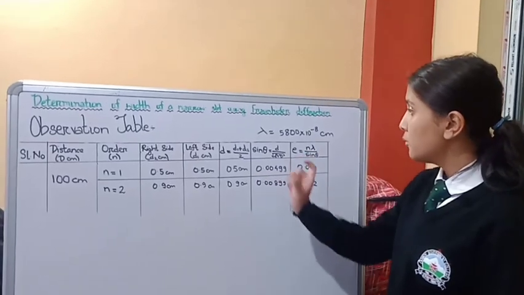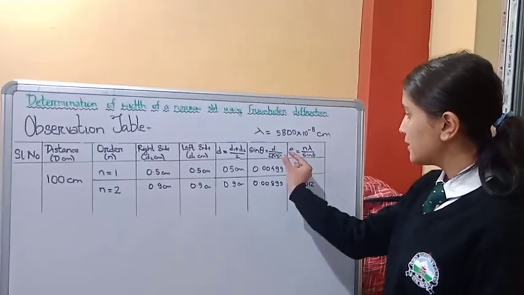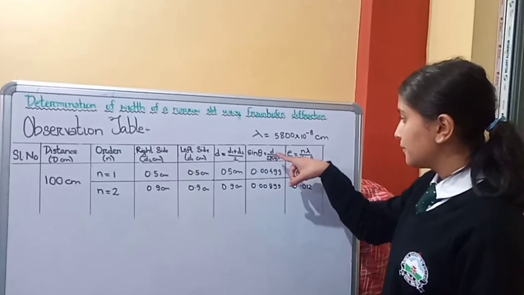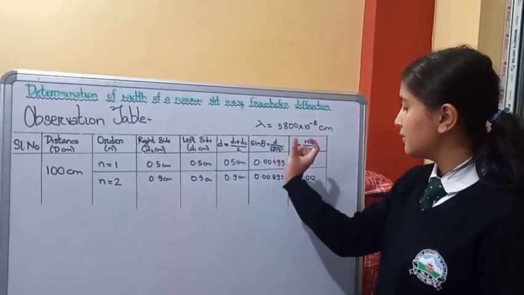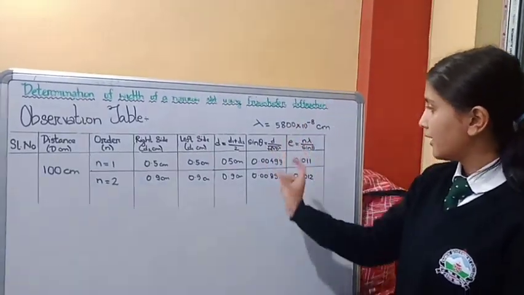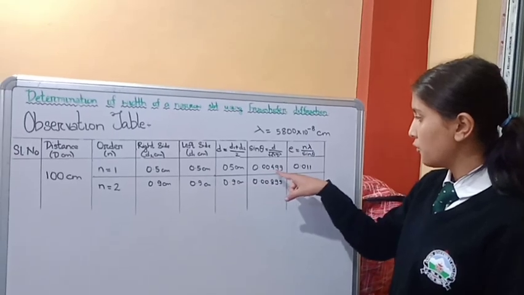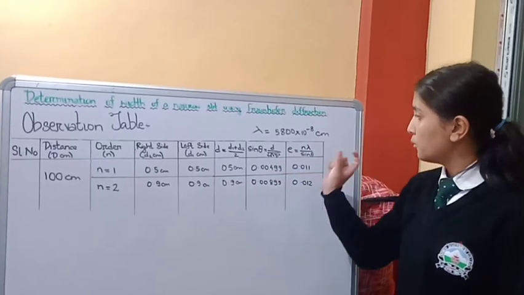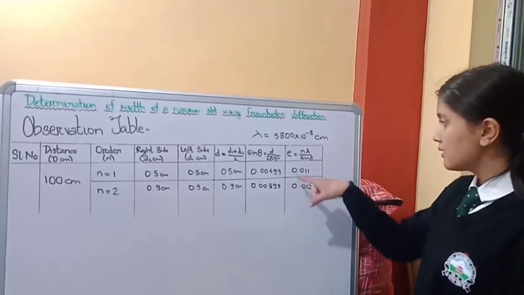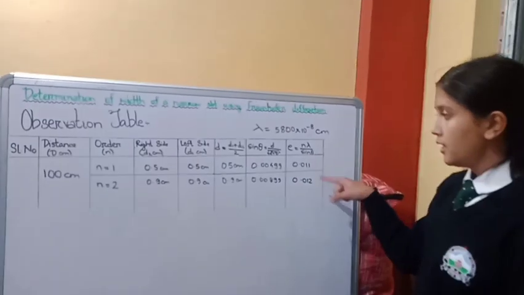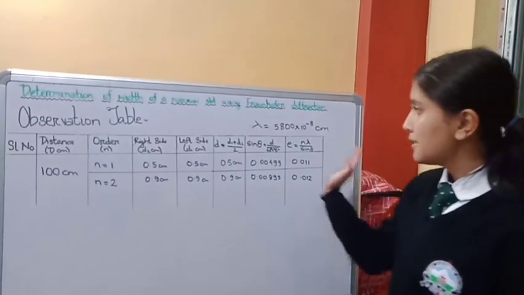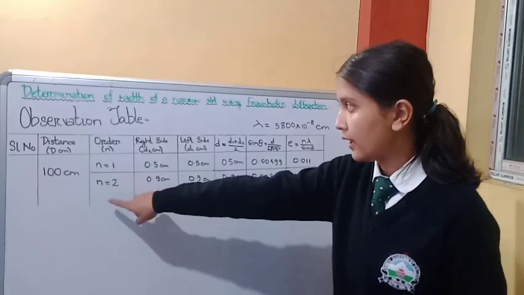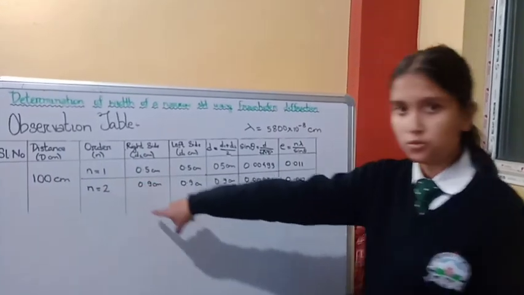When I put the values of capital D and small d in this formula, I get 0.00499 and the slit width will be 0.011. Similar calculation is done for order n equals 2.